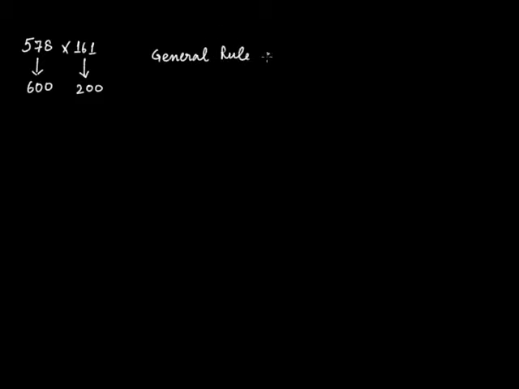Those who haven't watched the videos on the general rule of estimation, I'll request you to go to the playlist and first watch the videos on rounding of numbers to the tens, to the nearest hundred, and to the nearest thousand, and then the previous video, the basic one on estimation. Please watch those videos and then come back to this video.